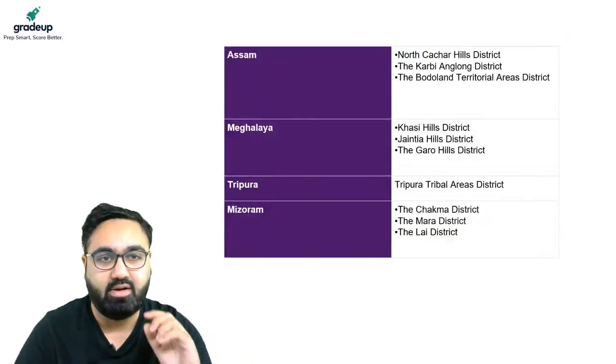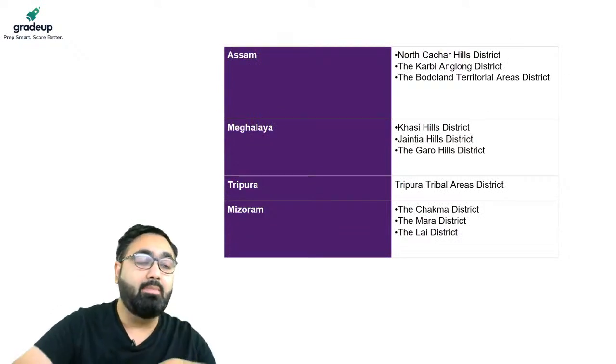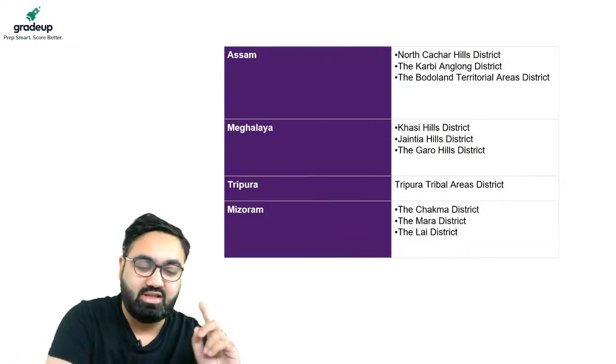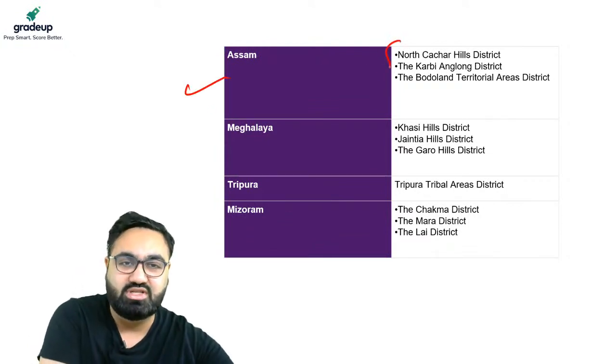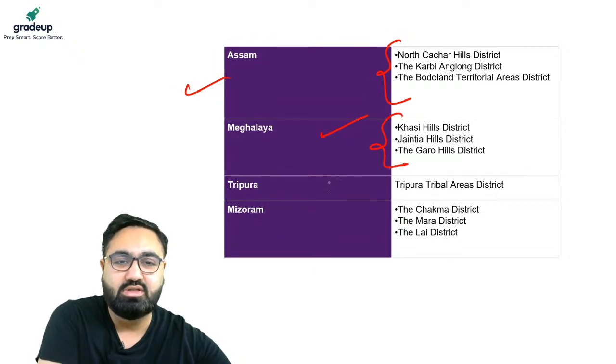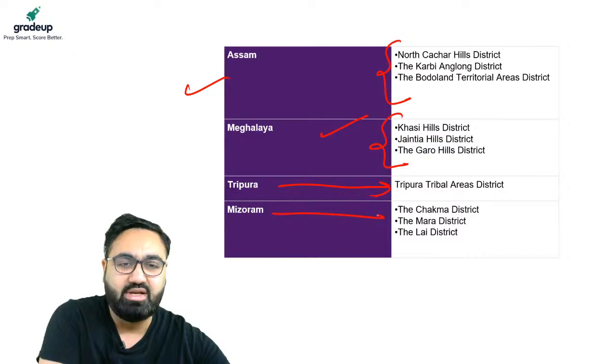As I said, there are multiple autonomous district councils in every 6th scheduled state. In Assam, there are 3 autonomous district councils. In Meghalaya, there are 3. In Tripura, there is only 1. In Mizoram, there are 3.